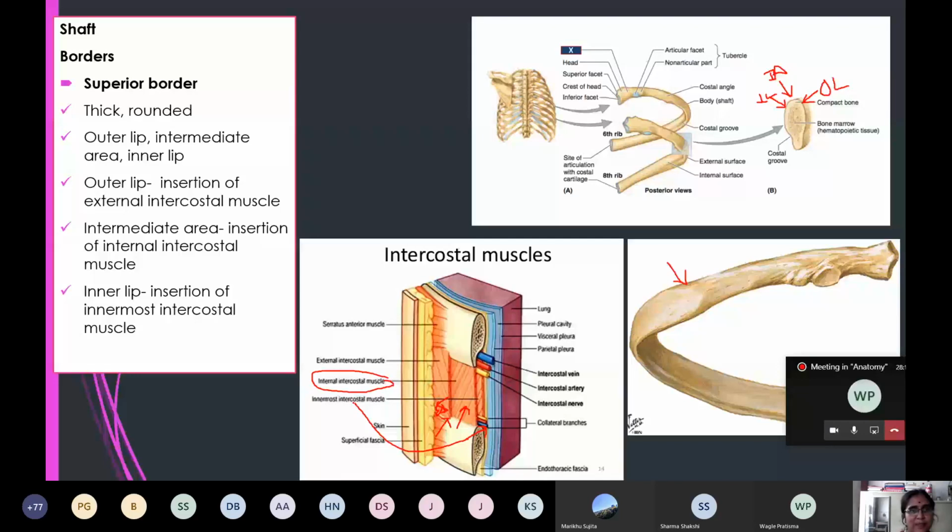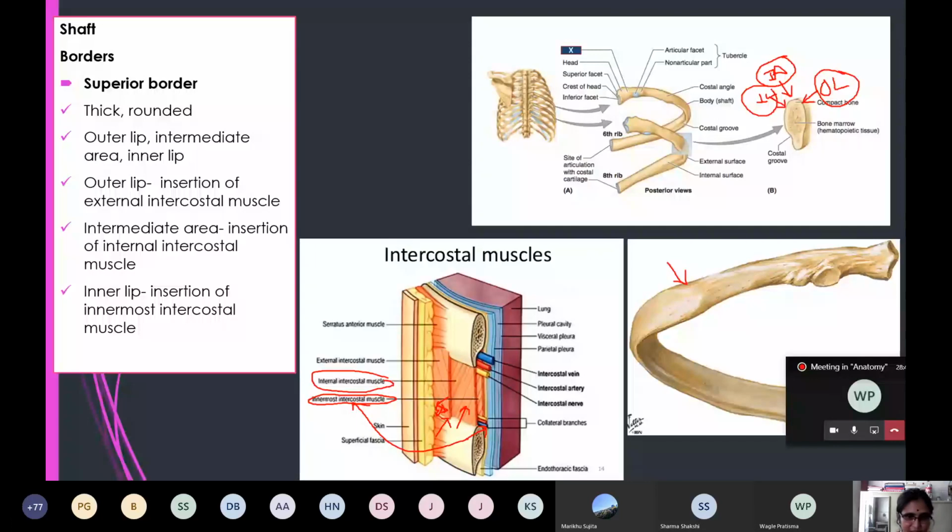Again I repeat, the superior border has three parts: outer lip, intermediate area and inner lip. The outer lip provides insertion to the external intercostal muscle.